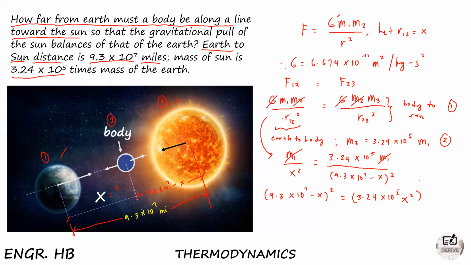So pwede naman nating i-shift solve agad, or kung gusto mo malaman yung dalawang roots, you can expand this first term. Pero para sa pagiging mabilis, direct sub na natin or shift solve sa calcu.